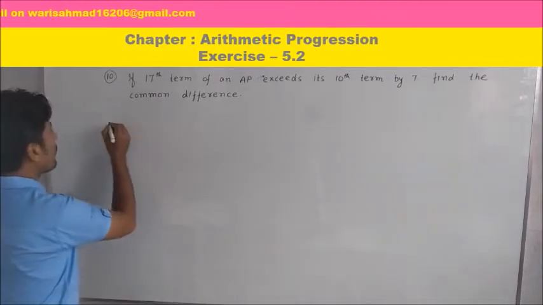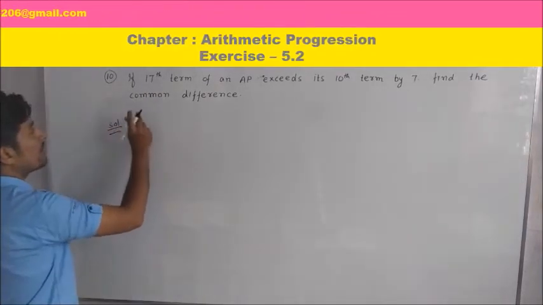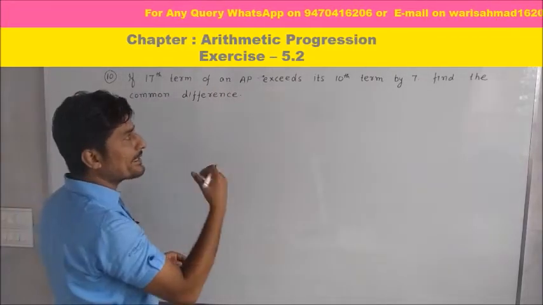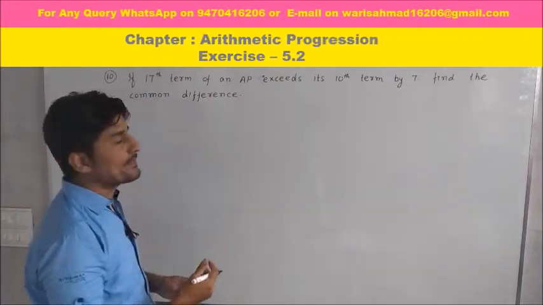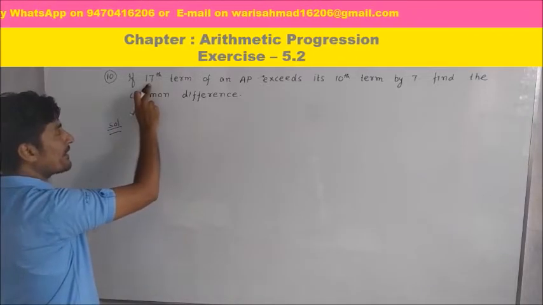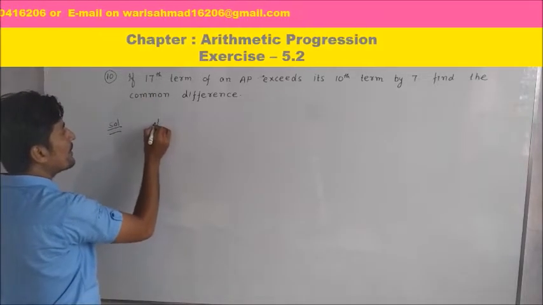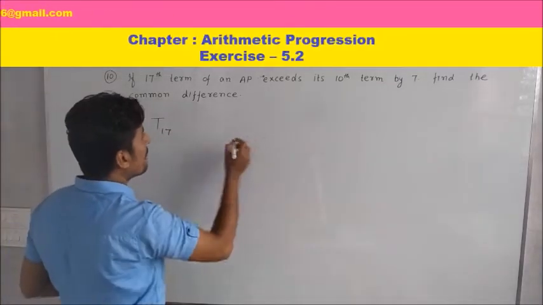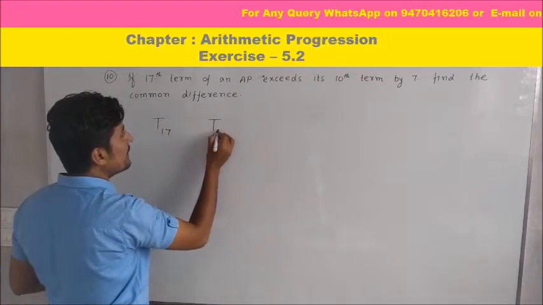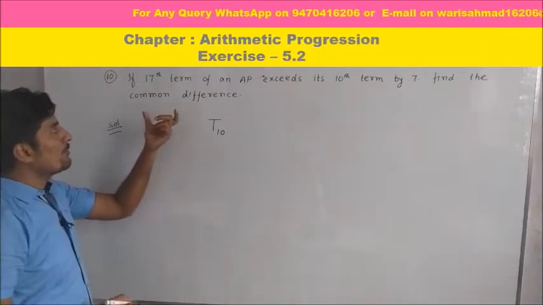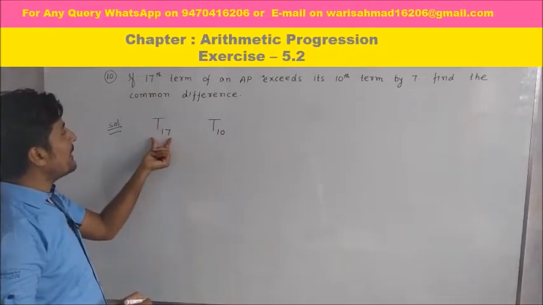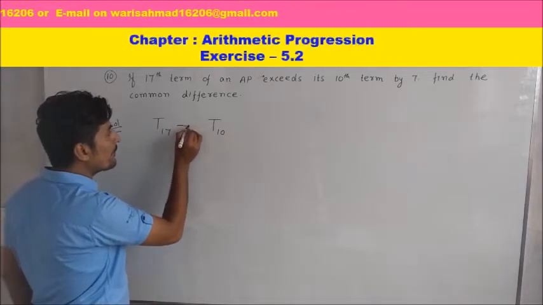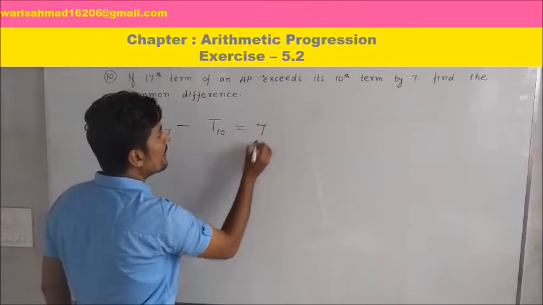Since it is given that the 17th term of an AP exceeds its 10th term by 7, the 17th term can be written as T17 and the 10th term as T10. According to the question, the difference of these two equals 7.